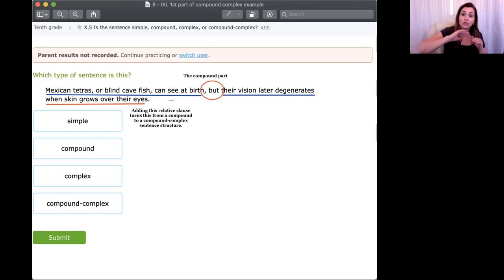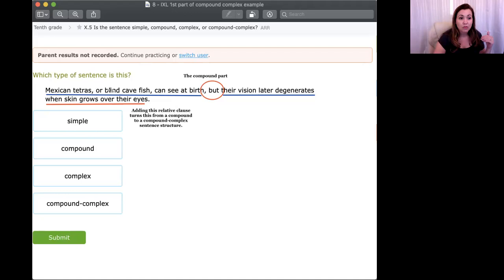Or is used to list something, and in fact, what it's doing in this case is renaming Mexican tetras, which we learned a lesson or two ago is called an appositive. So we're renaming a Mexican tetra or clarifying it. That is simply a phrase, renaming. It's not a clause, so we don't need to worry about that.